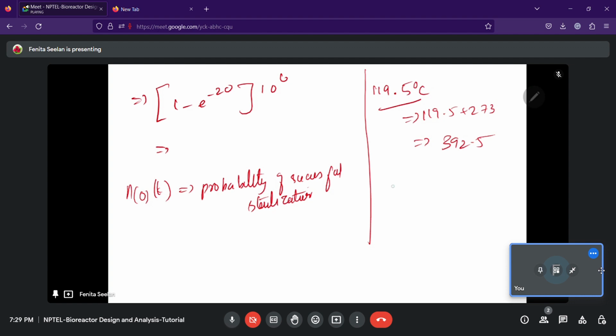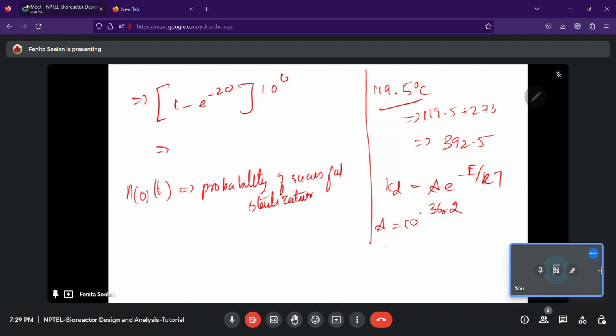If you want to calculate the Kd, given as 1 for 121 degrees Celsius, you can calculate Kd, which is A e power of minus E by RT, considering A is equal to 10 power 36.2, E is equal to 283, and R is 8.314 into 10 power of minus 3 kilojoules. So if you substitute this and calculate, you will get a Kd value.